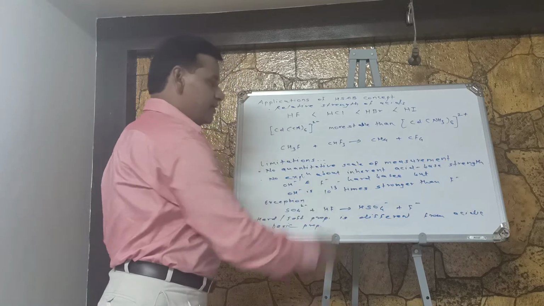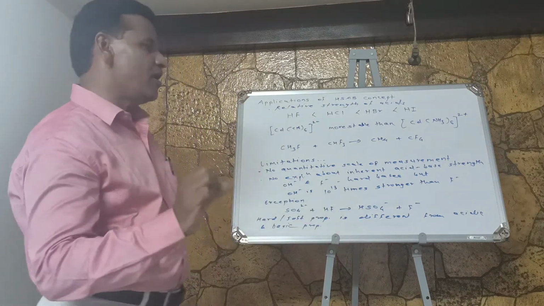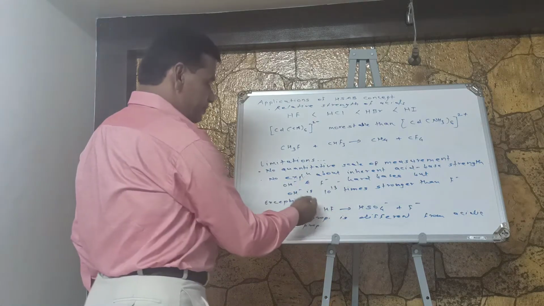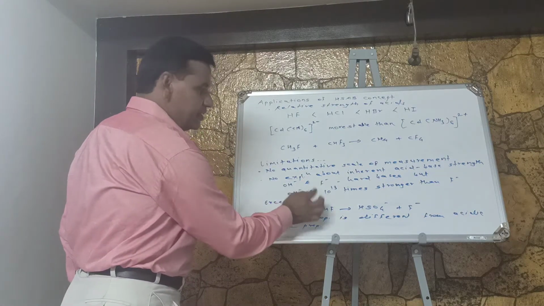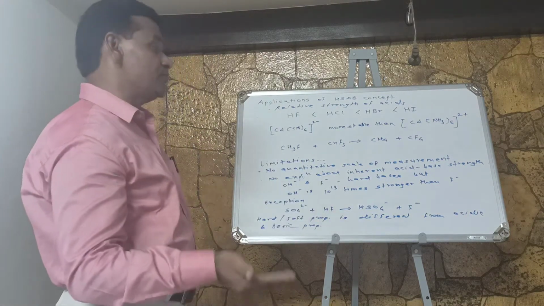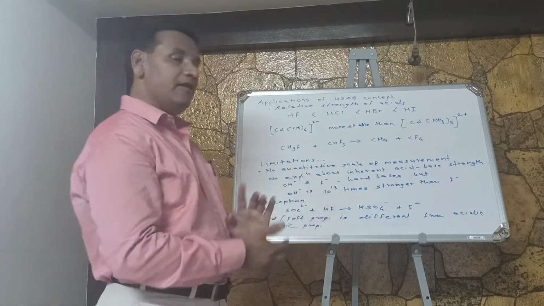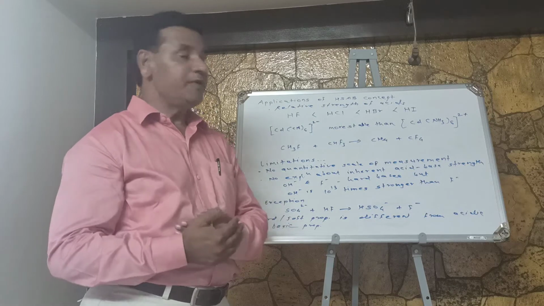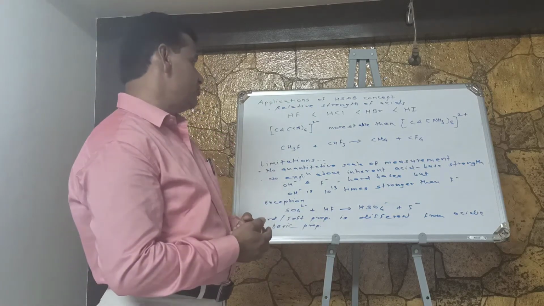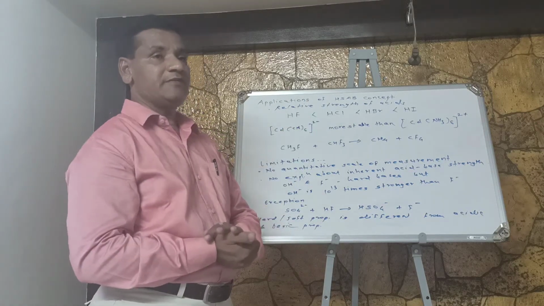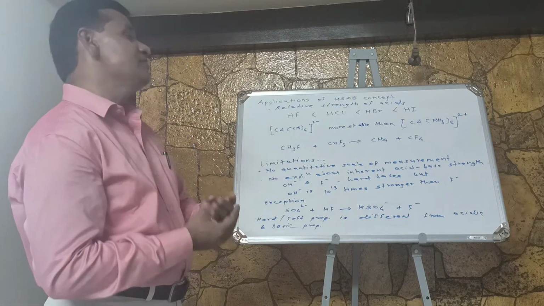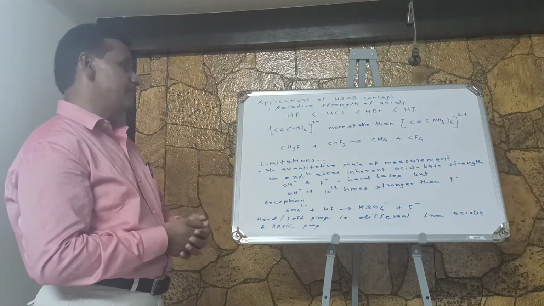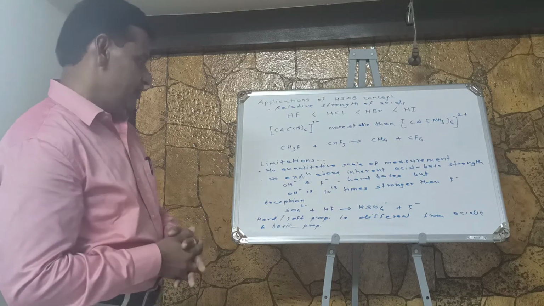Similarly, fluoride ion, F minus, is also a hard base. But compared to fluoride, hydroxyl ion is 10 raised to 13 times stronger. So this strength cannot be predicted with the help of this HSAB concept. So it is called inherent acid base strength.